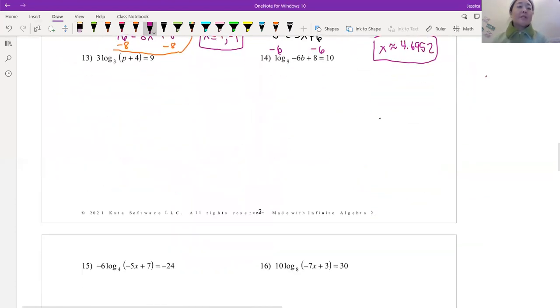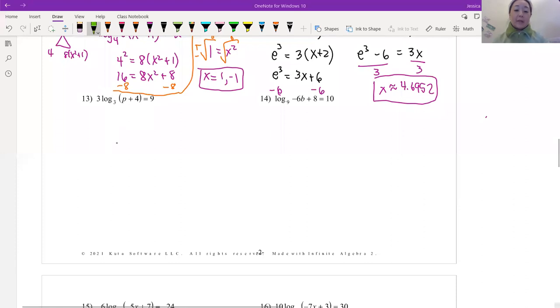All right, we're cruising along here. So problem number 13. Well, we have a little bit of things to do. What I'm going to do here is, 1 second.